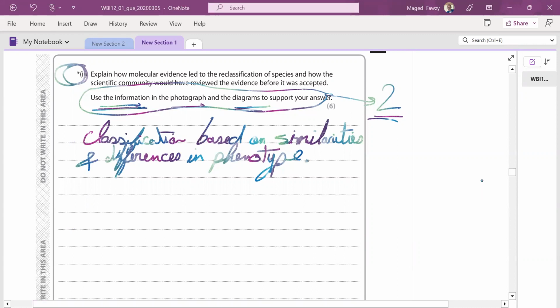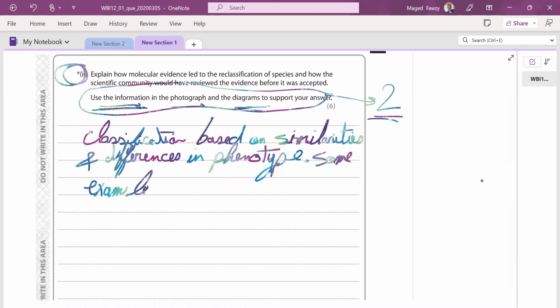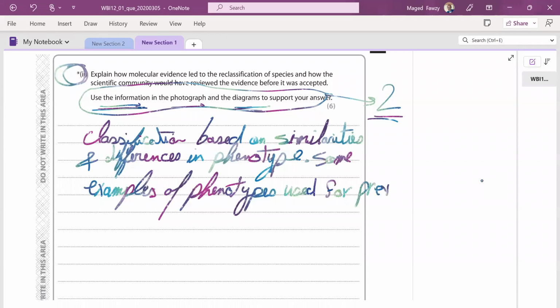Some phenotypes or previous classification, such as, you can write a characteristic you could observe.